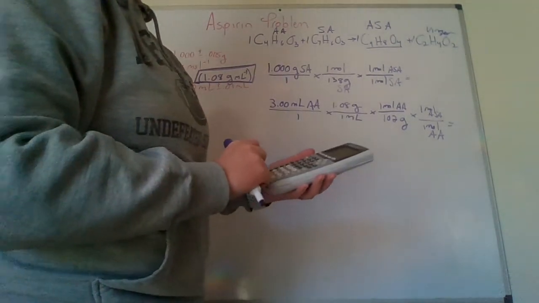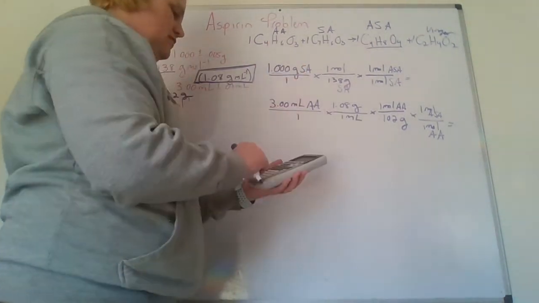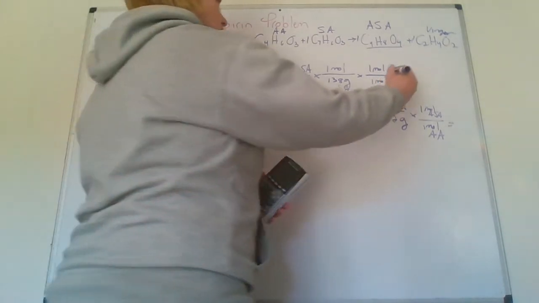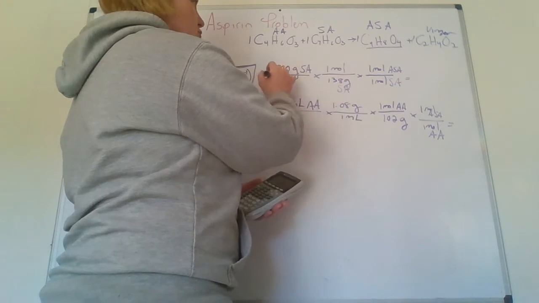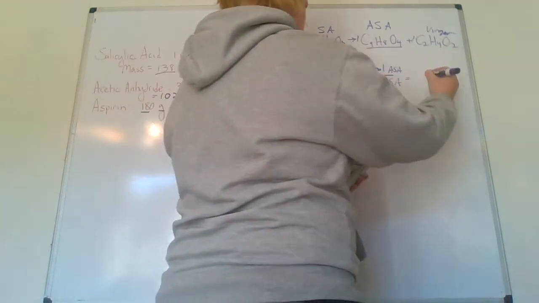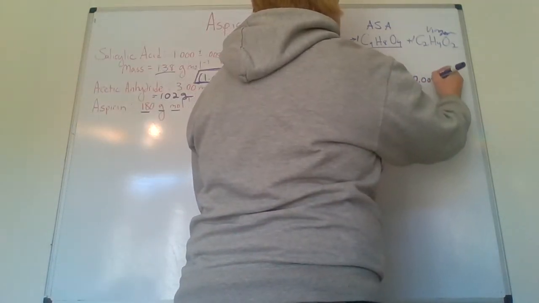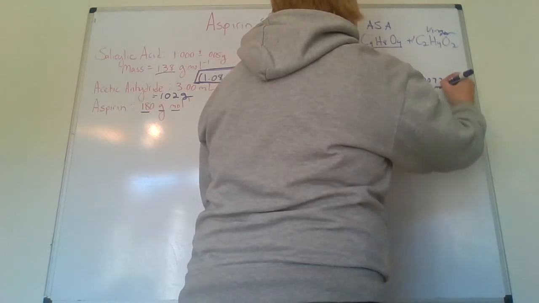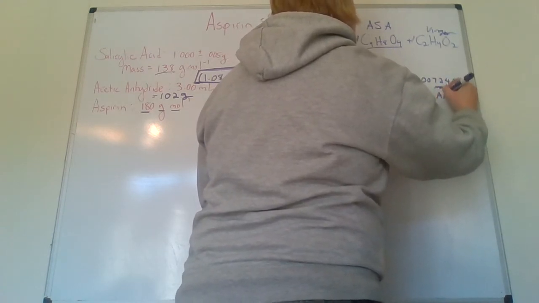So for my salicylic acid, I'm going to have 1 divided by 138. And with appropriate sig figs, which is going to be 4, I have 0.007246 moles of acetylsalicylic acid I can make.